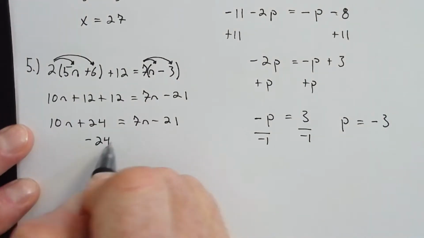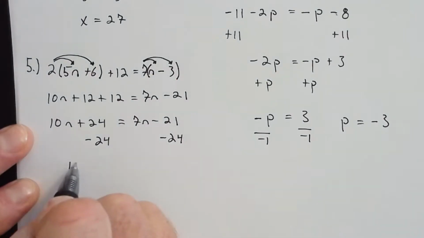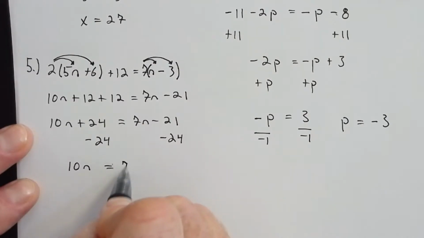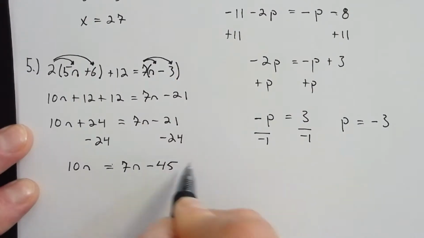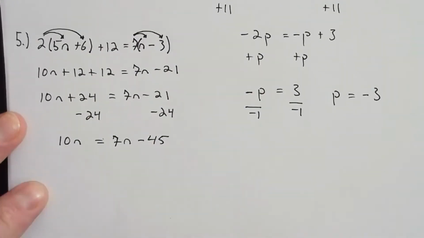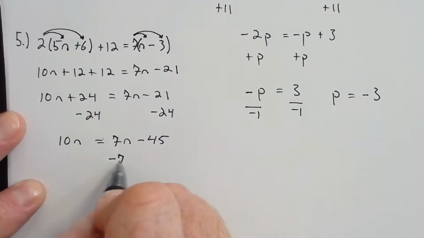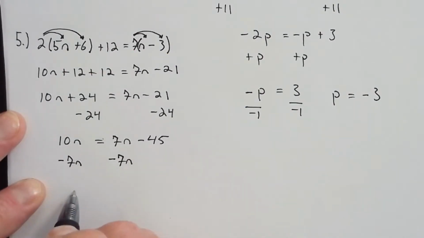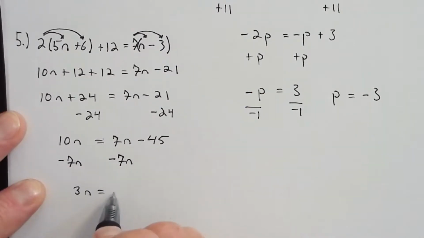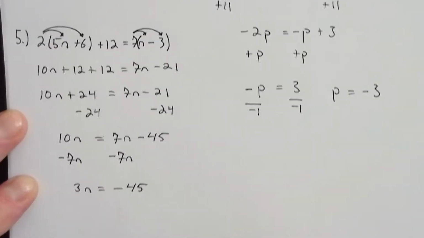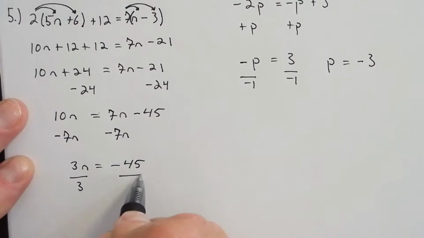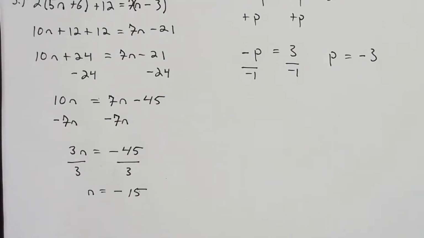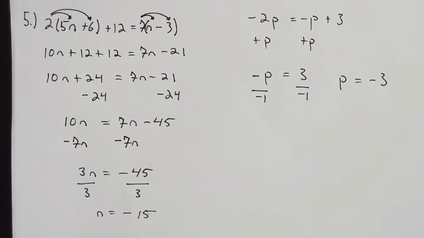Subtract 24 from both sides. We'll subtract 7n from this side. n is equal to negative 15.